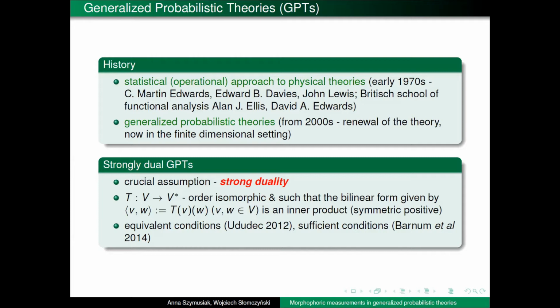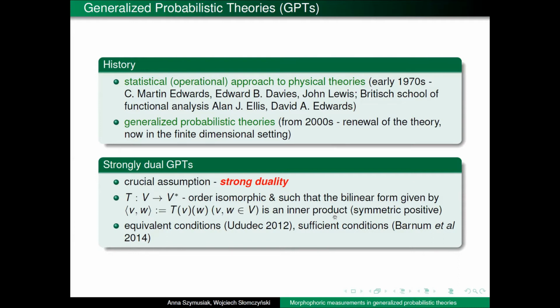What is the definition? We assume that there is some map T, an order isomorphism between this space V and the dual space V star, such that the bilinear form given by T on V on W is an inner product.